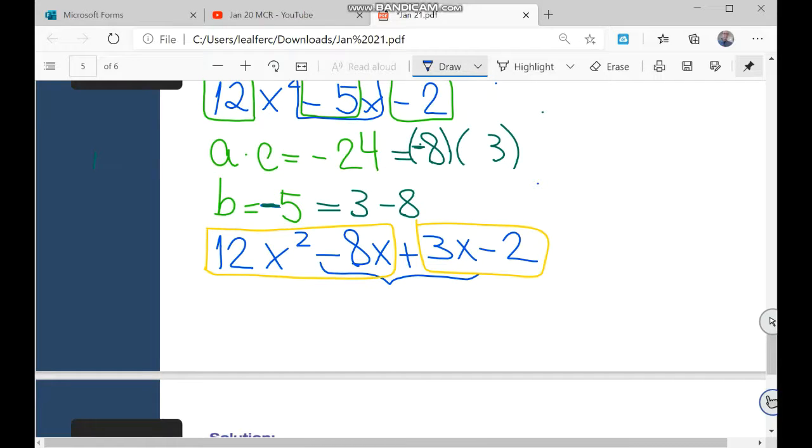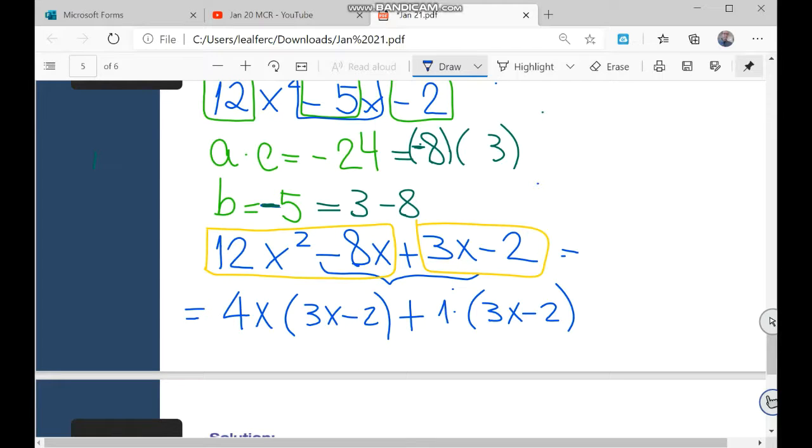The first pair we can factor out 4x times 3x minus 2 plus 1 times 3x minus 2.